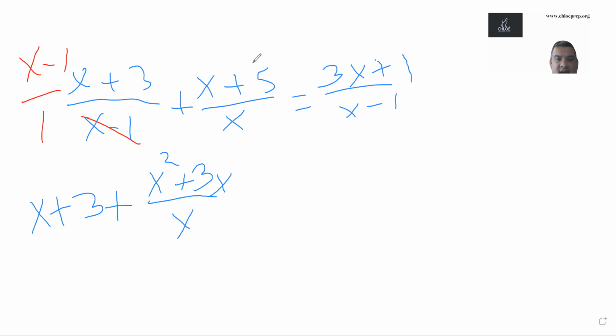Negative 1 times x is going to be negative x. Well, let me go ahead and write this up. Before we move to the next step, let's go ahead and just clean this up. 3x minus x is 2x. So let's go ahead and just clean that up now.